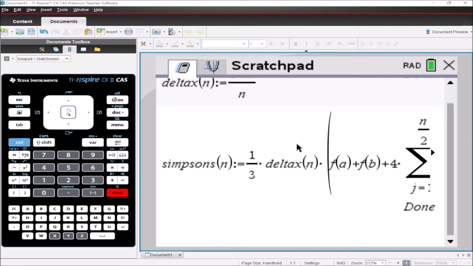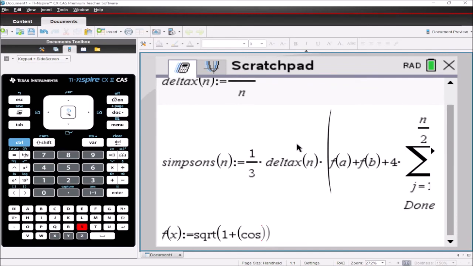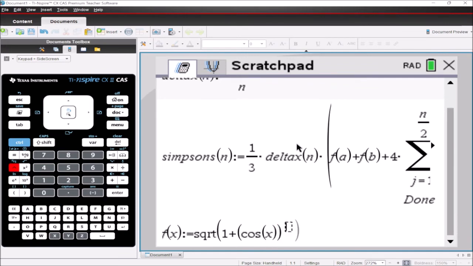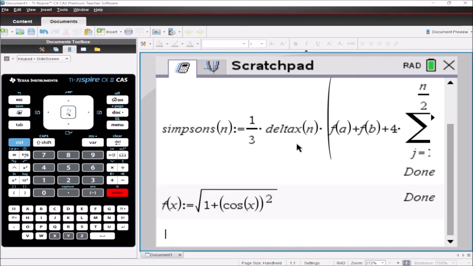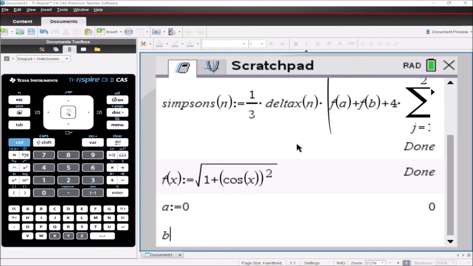So now my Simpson's rule is set. Now I just need to define my function. So my function is the integrand, which was the square root of 1 plus cosine squared of x. So cosine of x all squared. A was 0. B is pi.